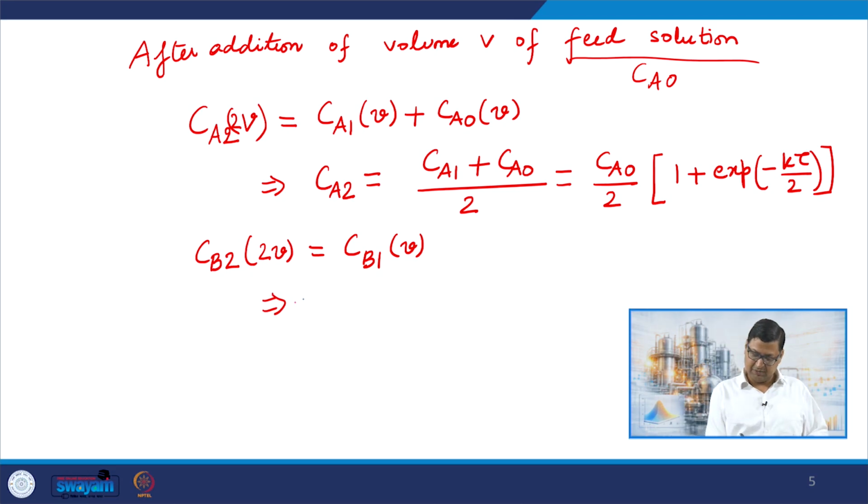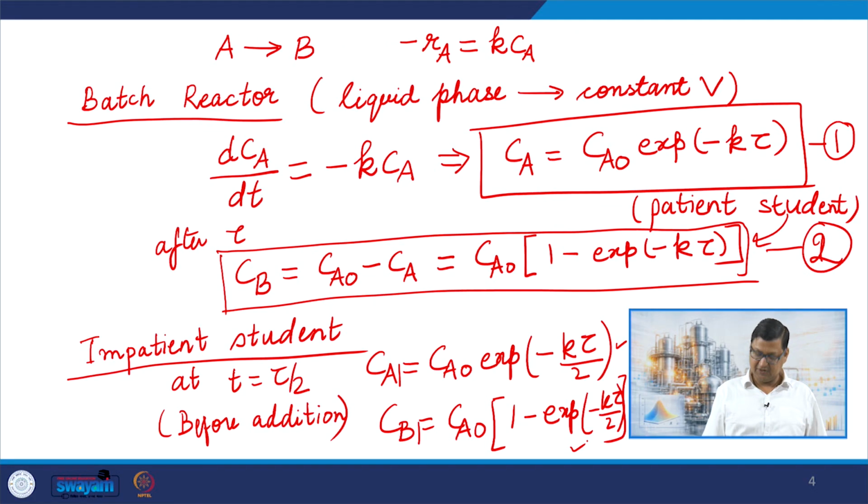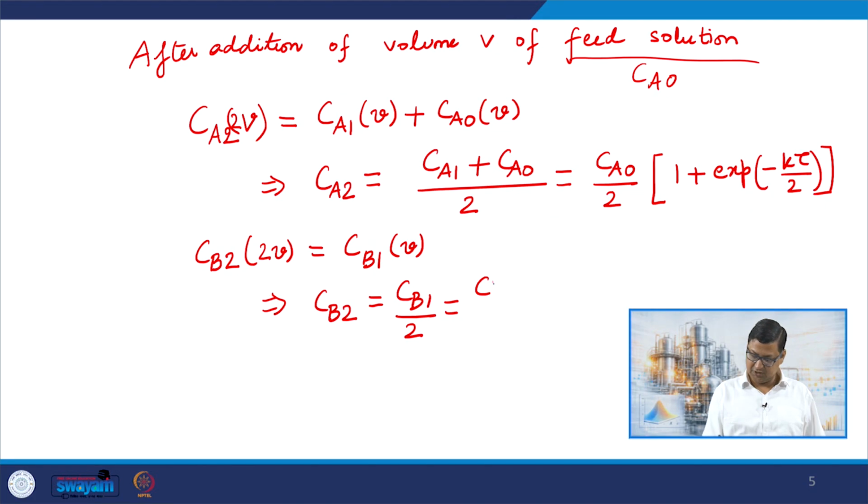Therefore, my Cb2 is going to be Cb1 by 2, which is essentially, using the expression of Cb1 we have obtained earlier, Ca naught by 2 times 1 minus exponential of minus k tau by 2.